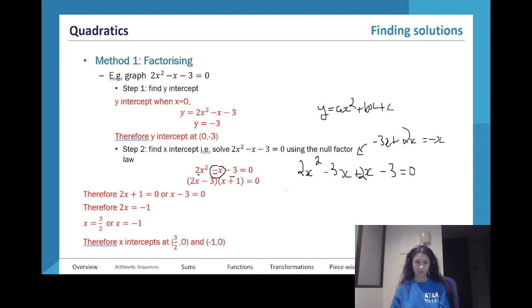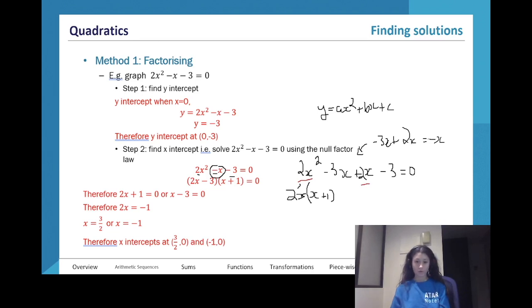Okay, now what we want to do is factorize. I'm going to put my 2x at the front, and then multiply that by x plus 1, because this is going to give me my 2x squared plus 2x.